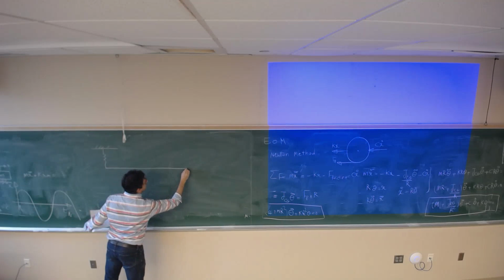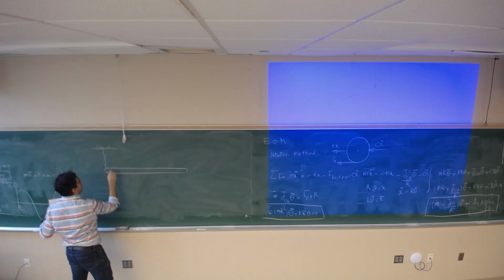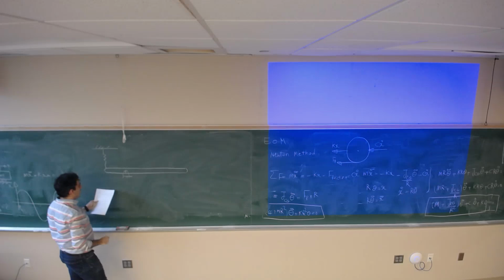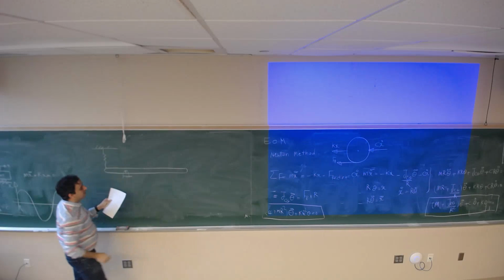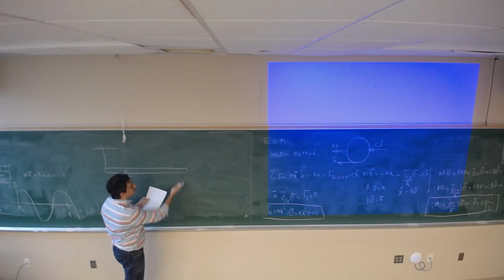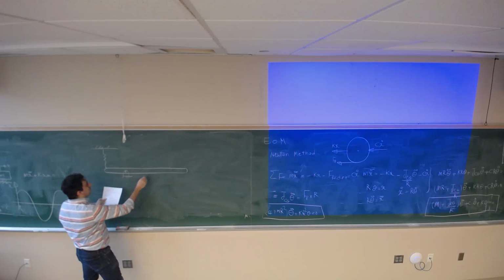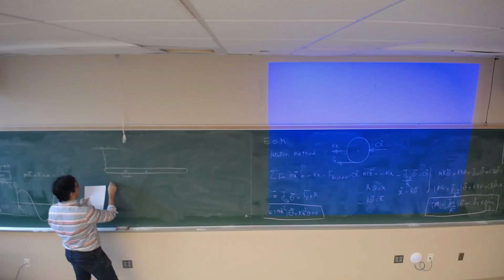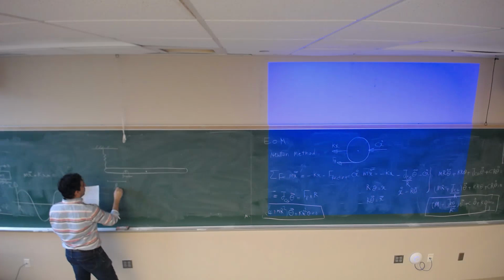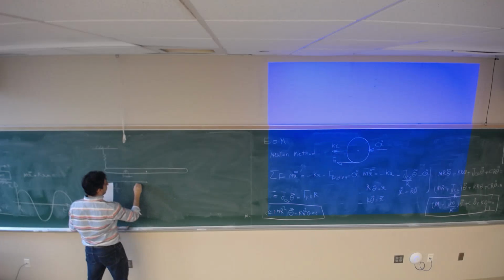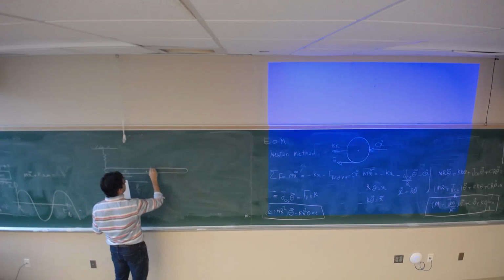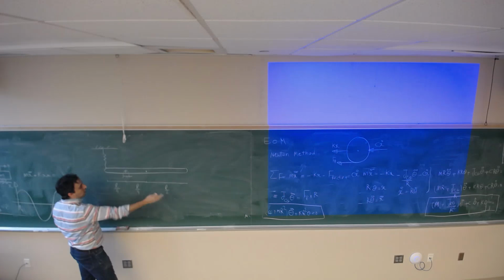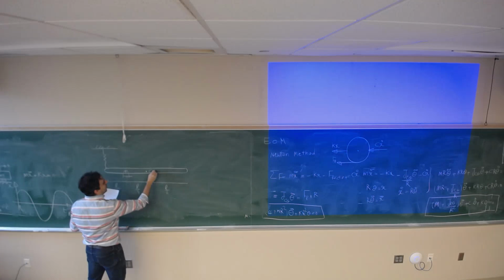There was a rigid bar with mass and polar moment of inertia. So the bar is not massless. Its center of gravity is at the middle. So this is L over 4, this is L over 4, and this is L over 2. So the total length is L, with its center of gravity.